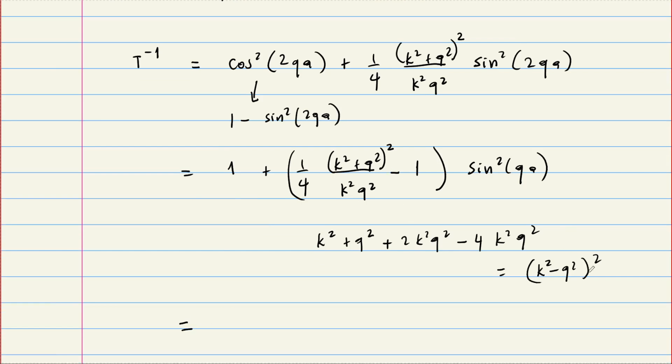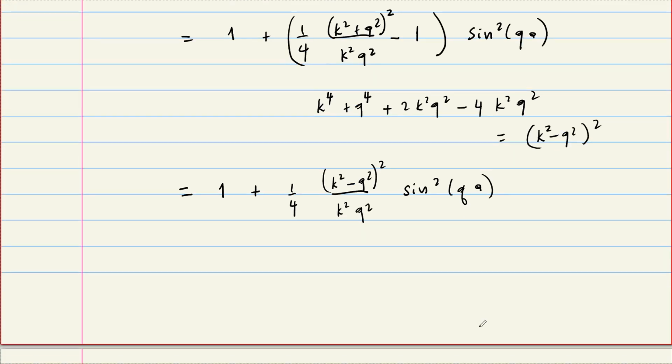Yes, yes. No, I think, oh yes, this one is 4. This one is 4. This is q squared. I think this is correct, right? Okay. So this is 1 plus 1 over 4 k squared minus q squared squared divided by k squared q squared. So this is sine squared QA. Good. And I think that's the final result.